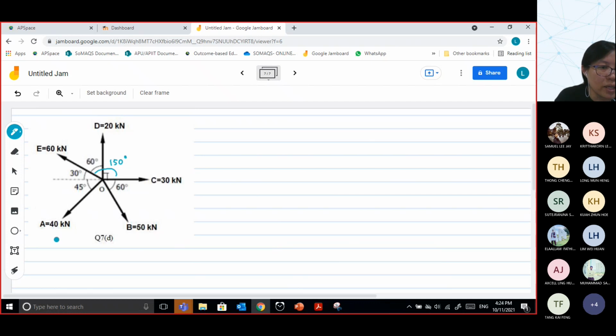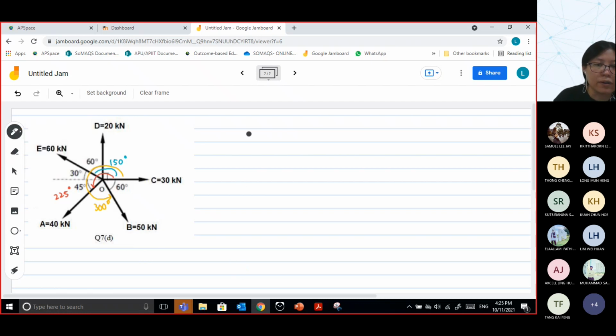Then A will be 180 plus 45, which is 225. Then the last one, B, from here to here, 360 minus 60, so it should be 300 degrees.